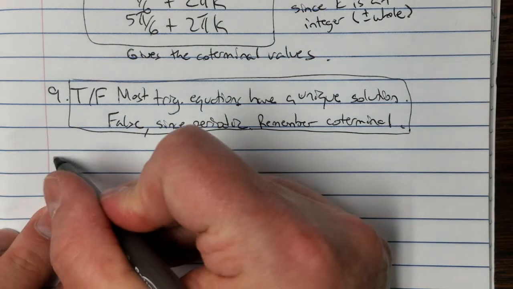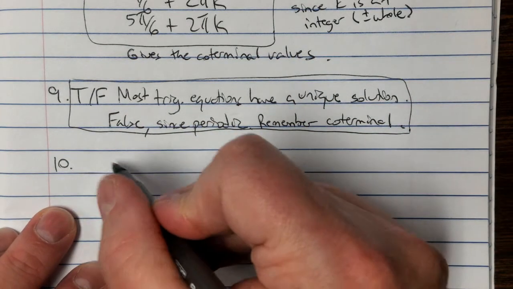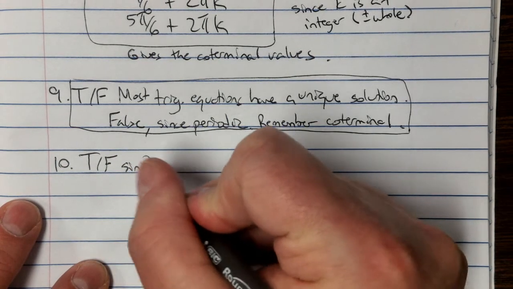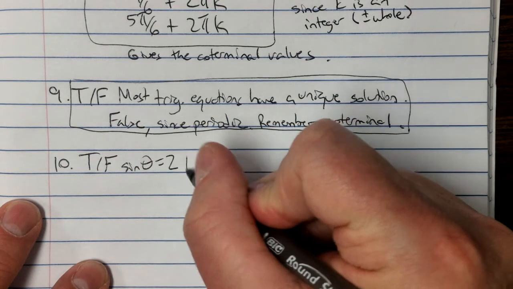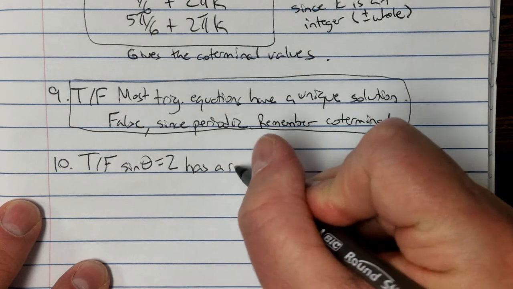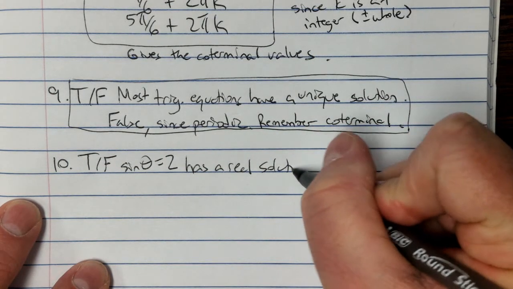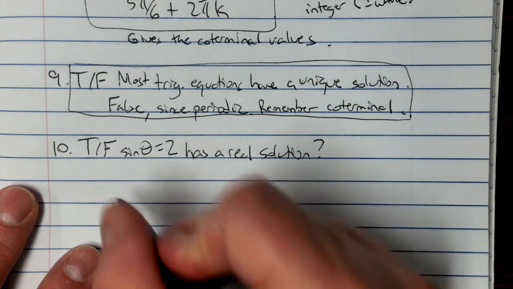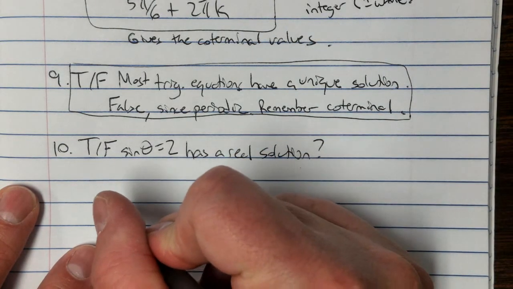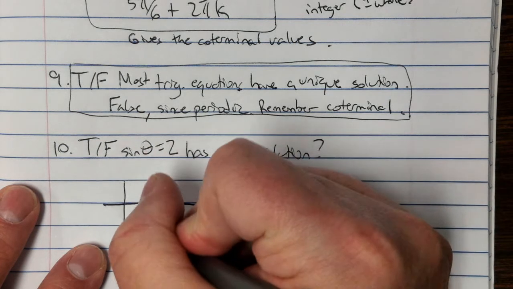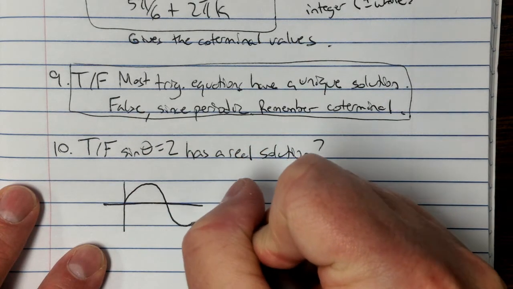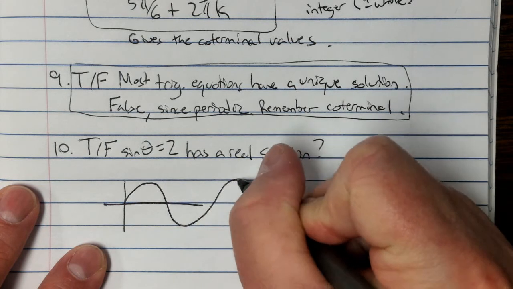Okay, number 10. True or false, sine theta equal 2 has a real solution. So this one, what sine theta would look like would go like that, generally.